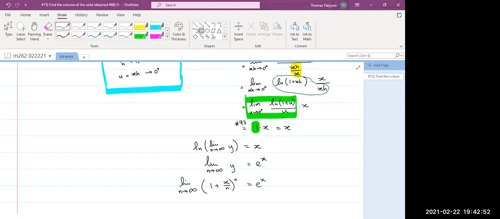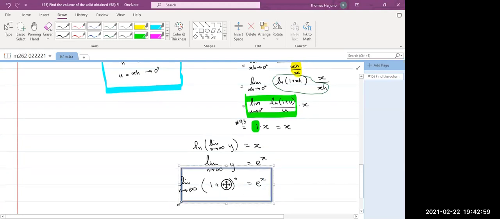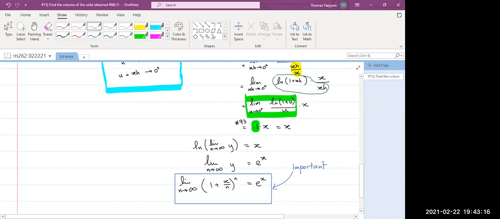Now, this expression here is one very important equation in math. This is one way that we define the number e, the natural number e, in other textbooks.